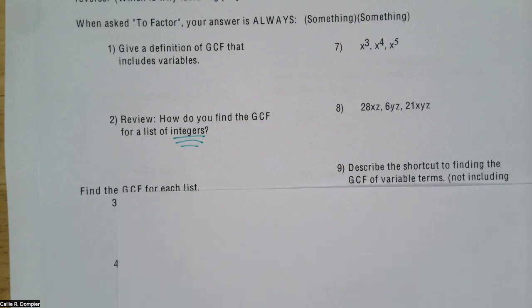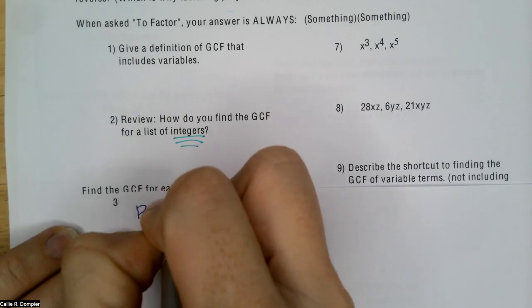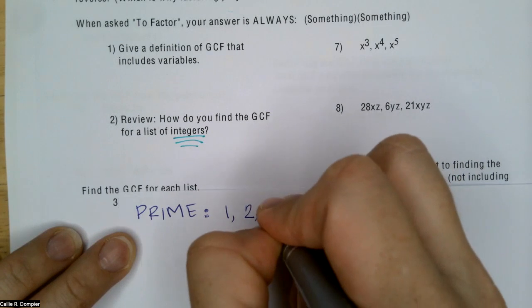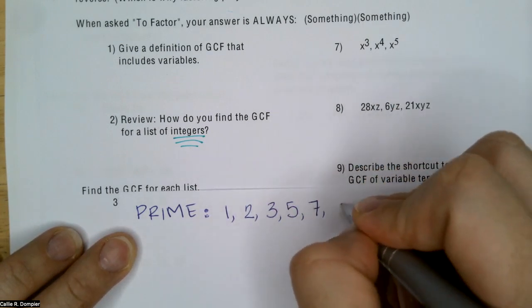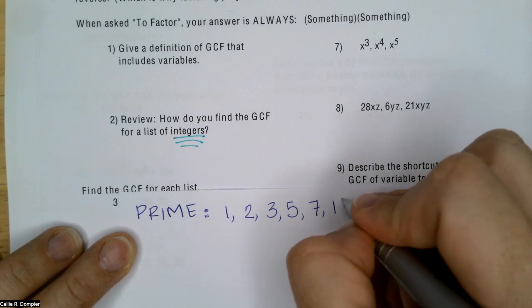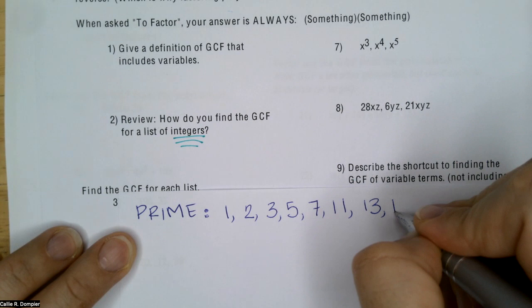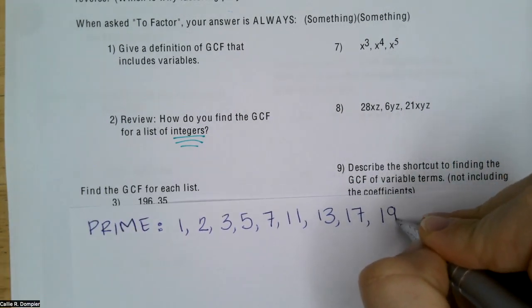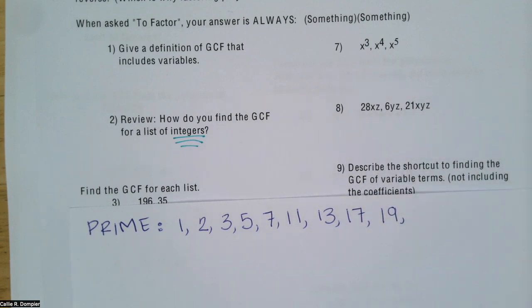You can either make a list of primes: 1, 2, 3, 5, 7, 11, 13, 17, 19. Now I don't even know. All right, Google, tell me.